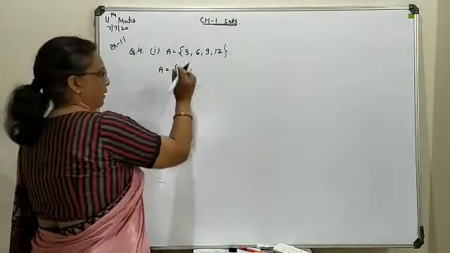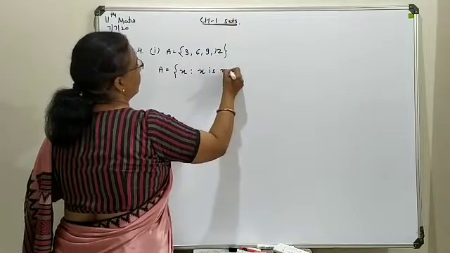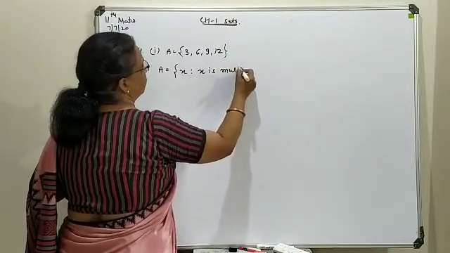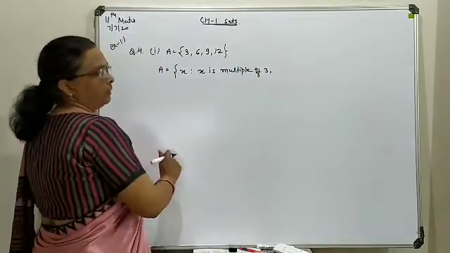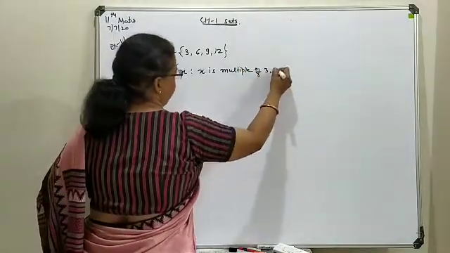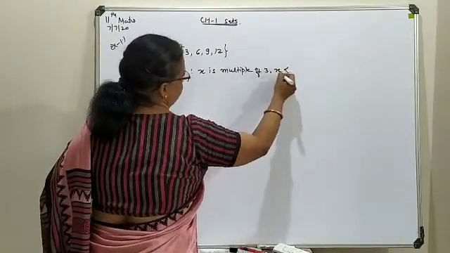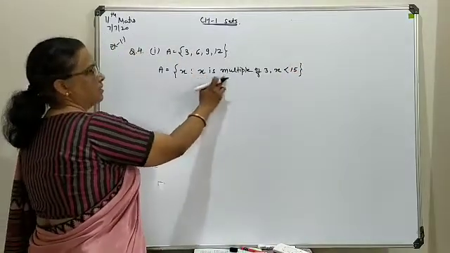So what is x here? x is a multiple of 3. What are the limitations? x should be less than 15. So here x is a multiple of 3.